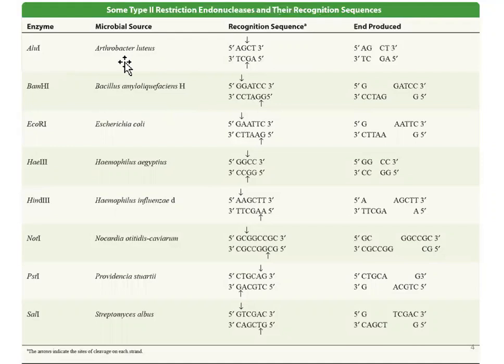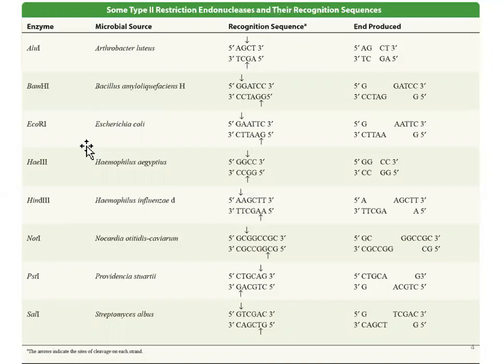Each of these enzymes has a specific recognition sequence that will be recognized by this enzyme, and then it will cut at specific points between the nucleotide bases, and it will break the phosphodiester bond between the specific nucleotide bases. So these are the specific enzymes that recognize these specific nucleotide sequences.